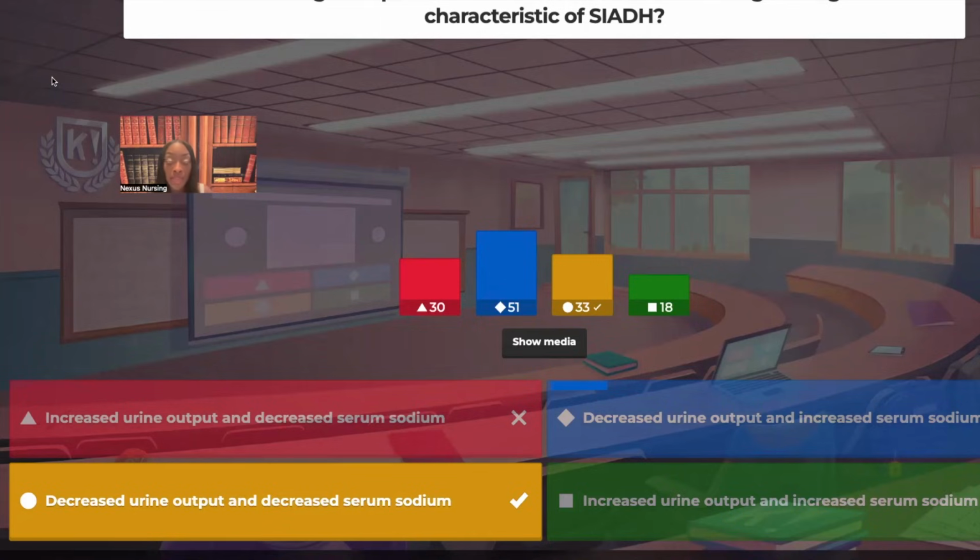So it's a hormone that keeps you from urinating all over the place. It makes you hold on to your urine, right? So if a patient has SIADH, they're holding on to all of their urine. They're holding on to all of their fluids. So urine output is down because they're holding on to all their fluids, right?